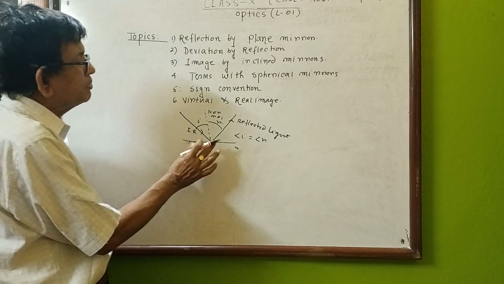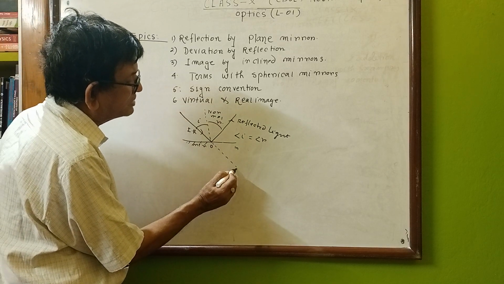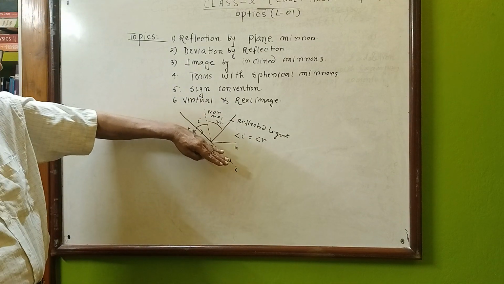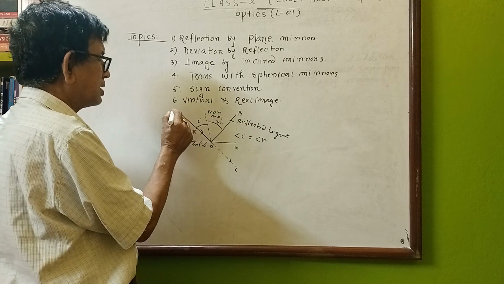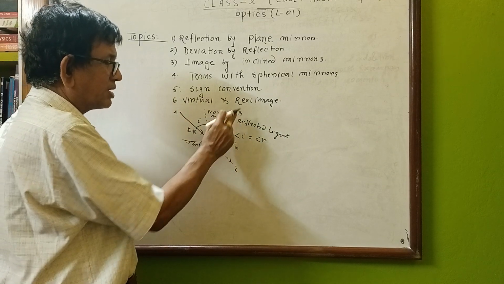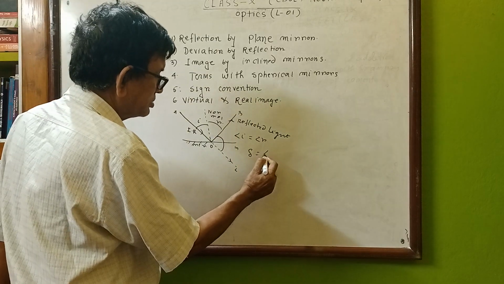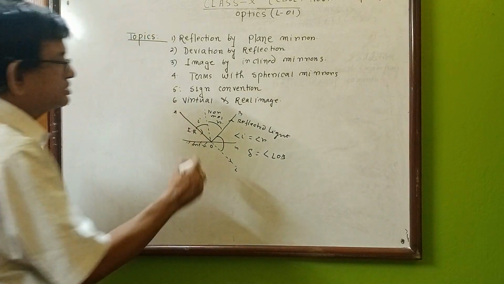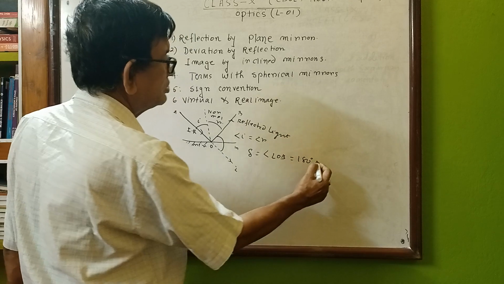If there is no mirror, the ray should pass through the OM direction or OL direction, but due to the presence of the mirror, the ray is deviating along the path OB. Now AO is the incident ray, OB is the reflected ray. The deviation angle delta equals angle LOB, which is equal to 180 minus 2i.